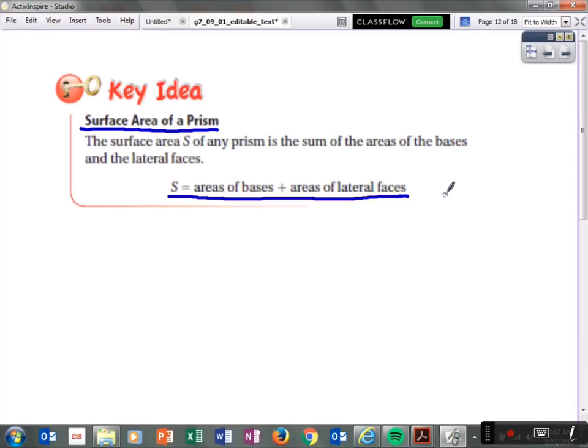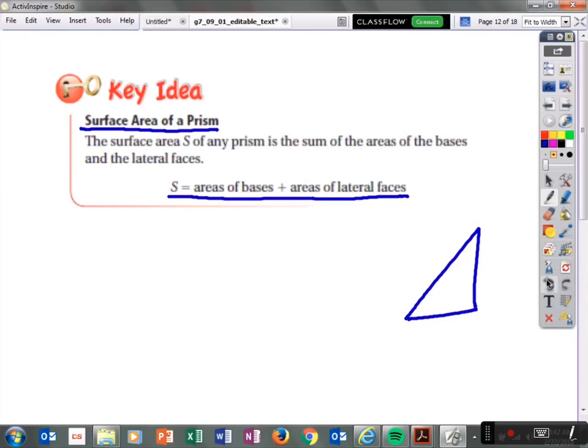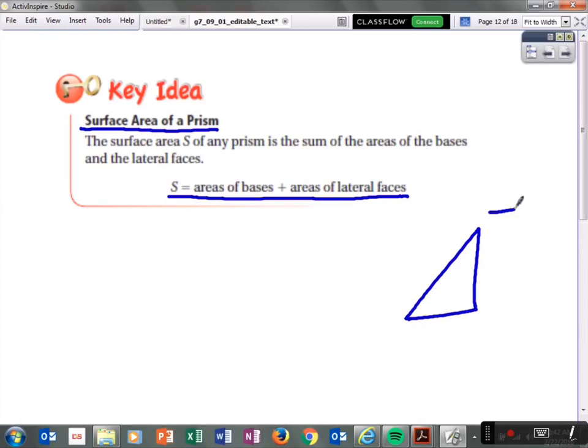All right. So now we're going to be talking about prisms that have a base other than a rectangle. For instance, it's gonna be a triangle. Two triangles.